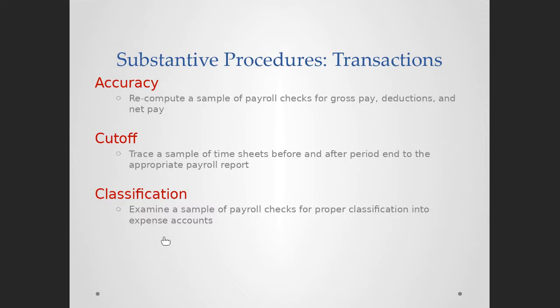You saw the payroll expenses and then the payroll tax expenses, right? Many lines. Those are individual accounts where expenses should be recorded. So you take a sample of payroll checks and you want to make sure that it's recorded in the right account. So for example, let's go back and look at something here.